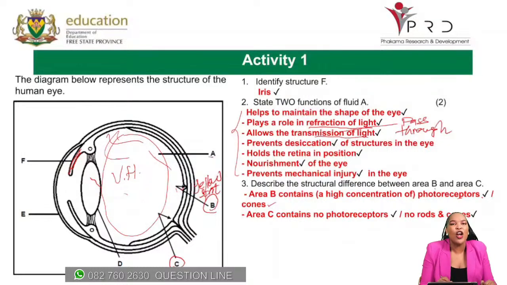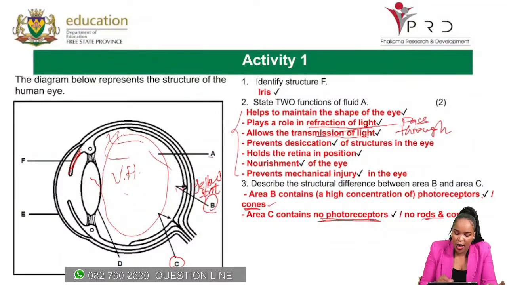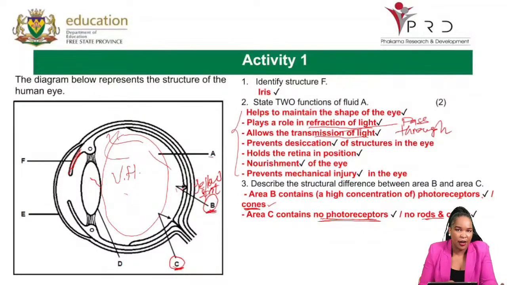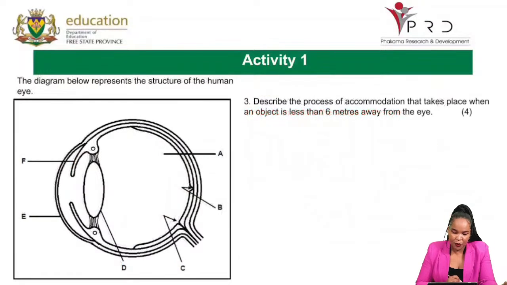Remember, we did say on the yellow spot there are photoreceptors called the cones. Get it right, the cones only. Because if you write it consists of the cones and the rods, you are going to get it wrong. Then area C does not contain photoreceptors, no rods and cones, so an image cannot be formed here. So those are the different parts there.